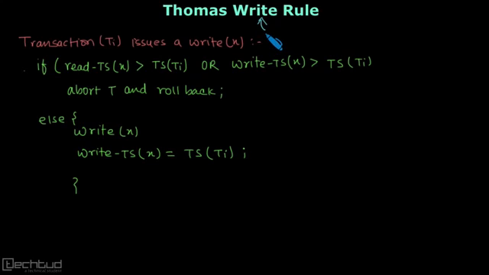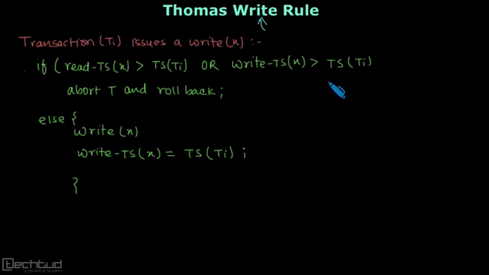In basic timestamp ordering, the rule is that if transaction Ti issues a write X, then we compare whether the read timestamp of X is greater than the timestamp of this transaction itself, or the write timestamp is greater than the transaction's timestamp. If any one of these is true, then we abort, because from this we can be sure that a later transaction than this Ti has accessed the value.